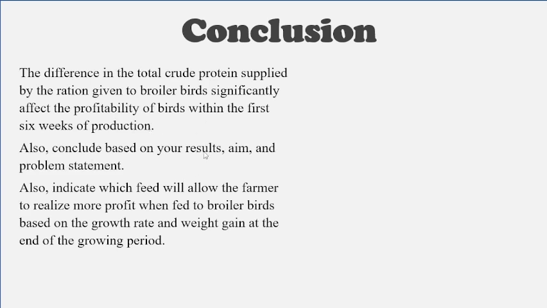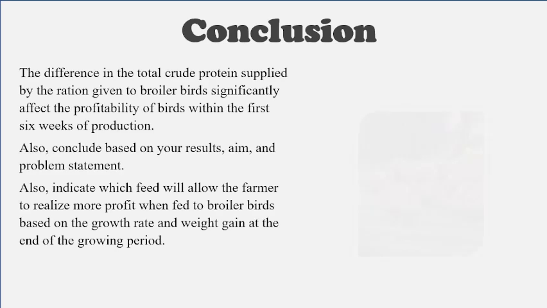You can also conclude based on your results, based on your aim, based on your problem statement. Also indicate which feed will allow the farmer to get more money, right? Based on the amount of pounds of meat produced, based on the growth rate, right? At the end of the growing period.